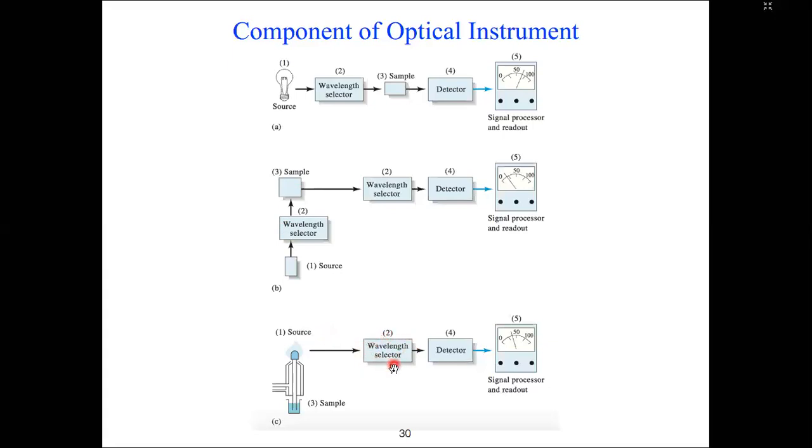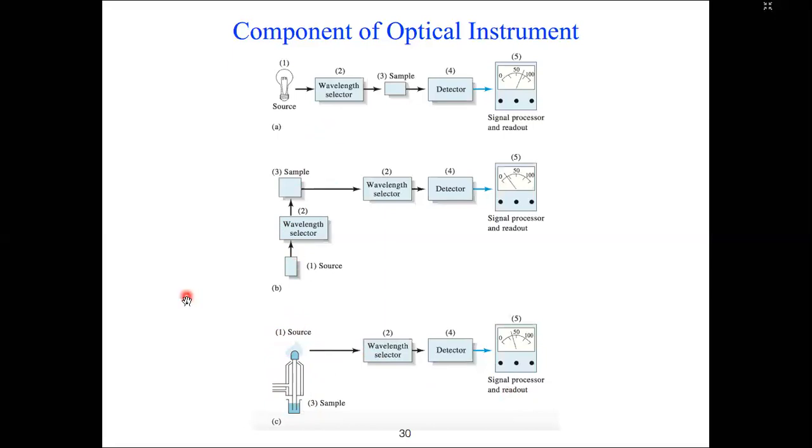The wavelength selector selects the desired wavelength and sends those wavelength to the detector, and detector will detect them. Once they are detected, they are sent into the signal processor for amplification and for readout information. Okay, in this case, source and sample are in same compartment.